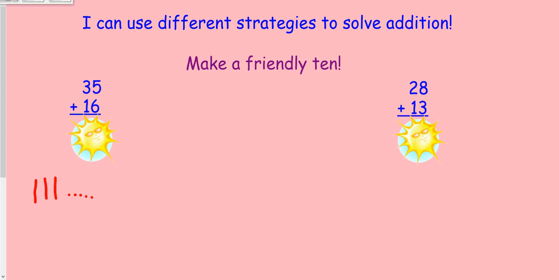What's the part we're putting together with 35? We are putting 16 with 35. Let's think about the tens and ones in 16. It has 1 ten, so we draw 1 quick ten. It has 6 ones, so let's draw 6 ones.